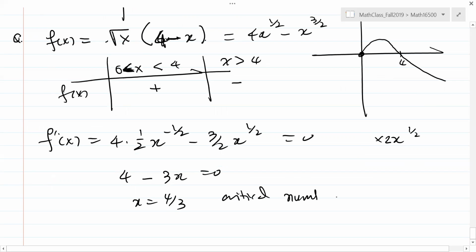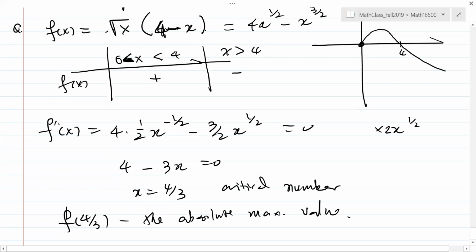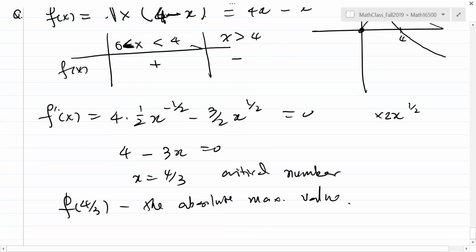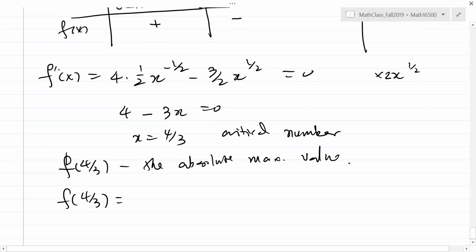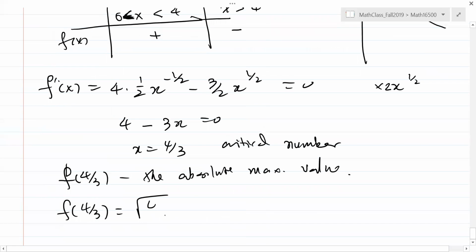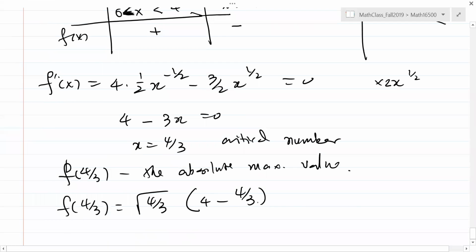And for this critical number, you don't need to know the sign on the left side and right side. Clearly, f of 4/3 is the absolute maximum value, because from the graph I can tell you. We can calculate that. So how do you calculate? f of 4/3 is going to be the square root of 4/3 times 4 minus 4/3.